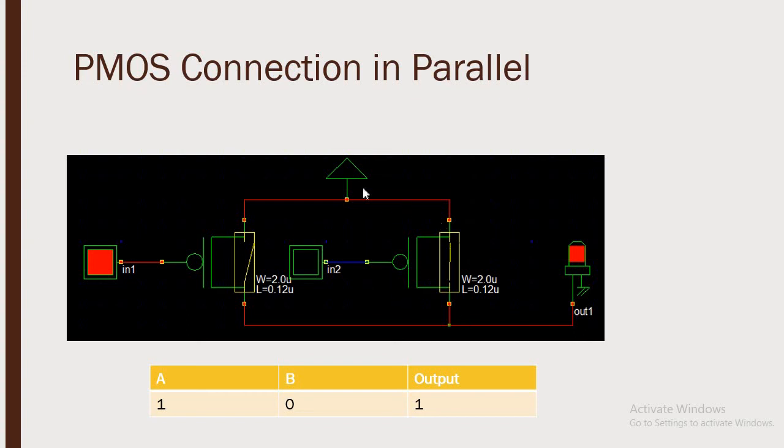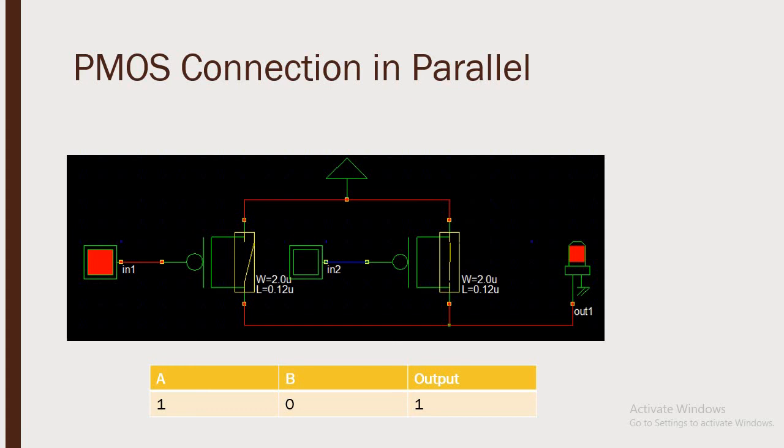Now the second PMOS is providing the path for this voltage to pass from PMOS 2 to the output. So from here we can see that in the three cases which we discussed, 0 0, 0 1 and 1 0, in all three cases we have our output 1.